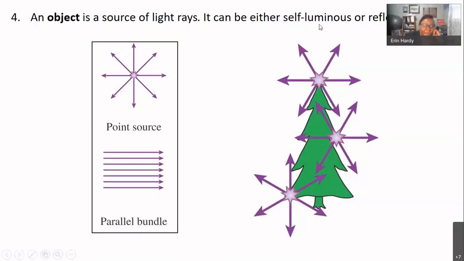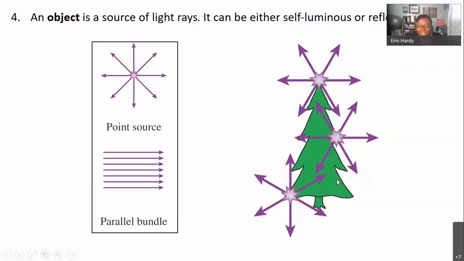It can be either self-luminous, so something that's producing its own radiant energy, like the sun, a star. It could be the filament of a light bulb, all of those scenarios. But for everything that you can see in your room right now that isn't glowing, that's not producing its own light, you are seeing some form of reflection or scattering, really.